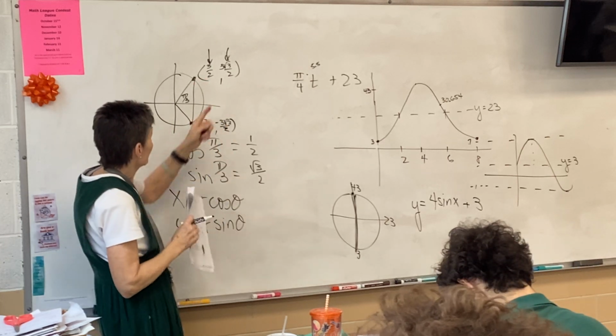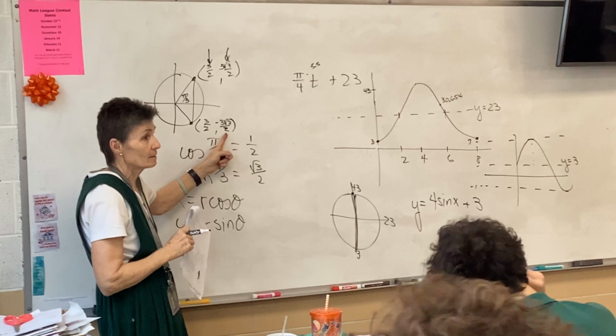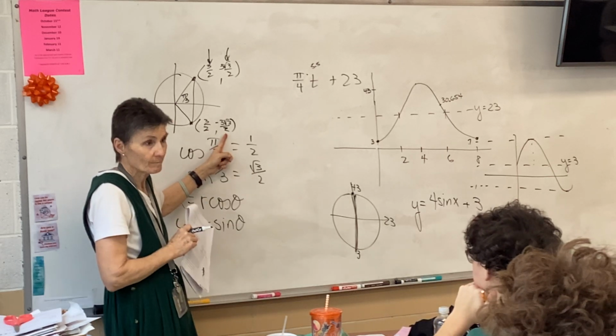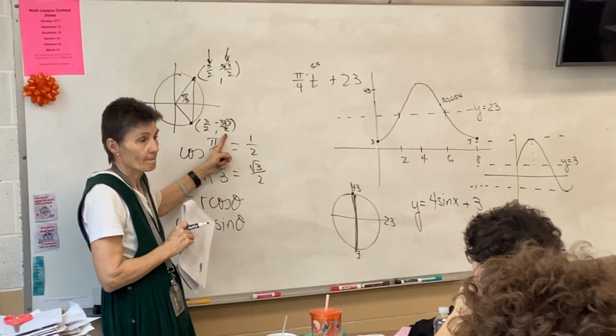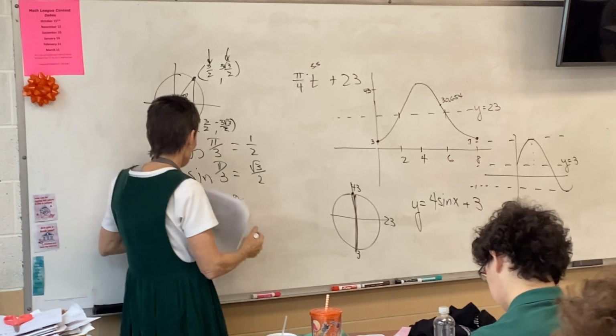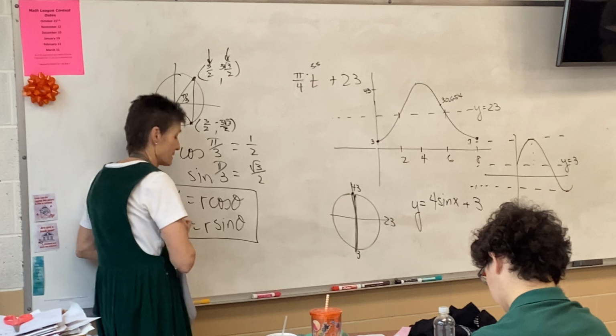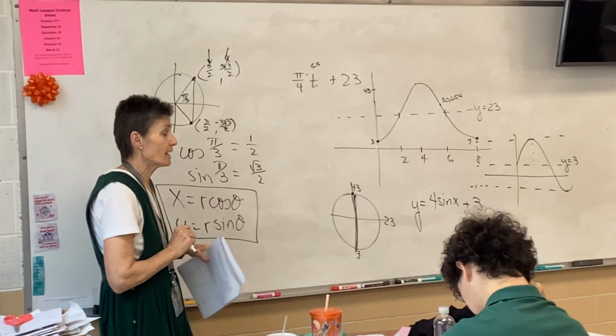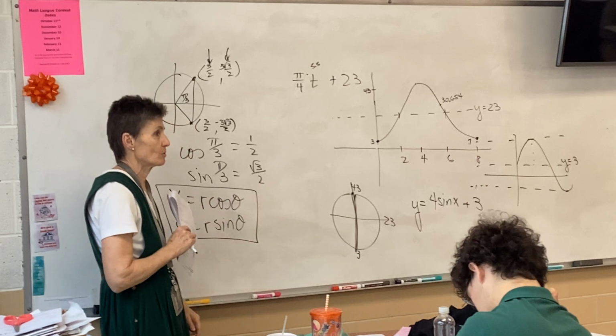Well, that's easy. 6 root 3 over 2, or 3 root 3. Don't forget this. As much as we love our unit circle, not everything happens in the unit circle.